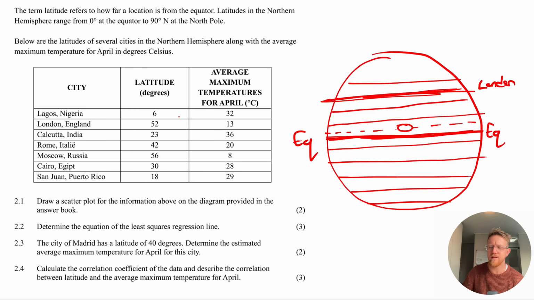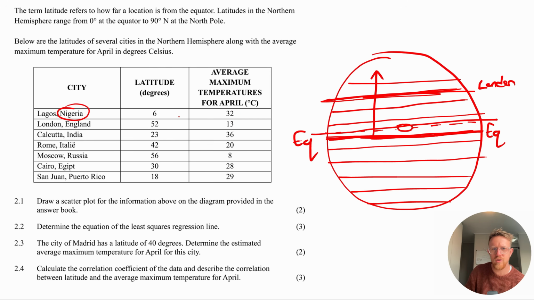Typically, the further you move away from the equator, the lower the temperature becomes. In Nigeria, the latitude line is 6 degrees away, and there's a temperature of 32 degrees Celsius. This degrees is not the temperature, that's just how far away we are from the equator.